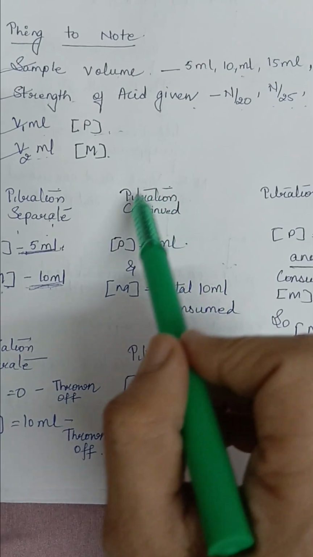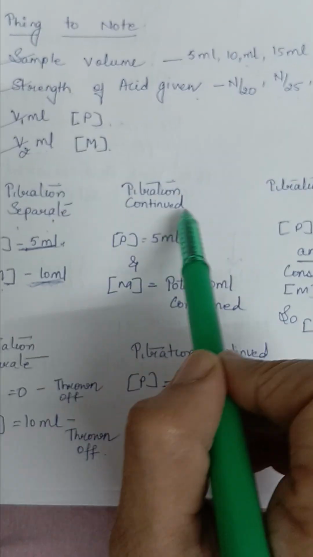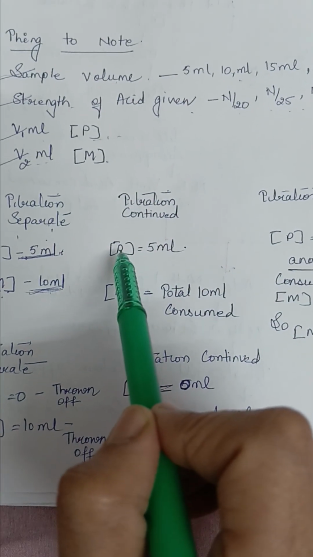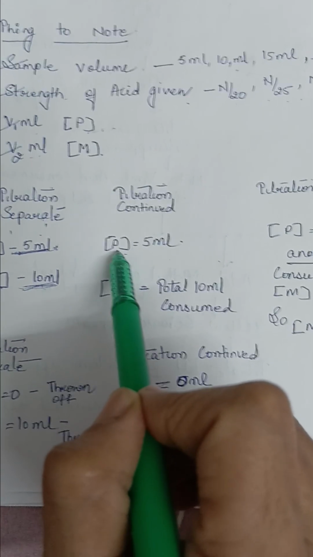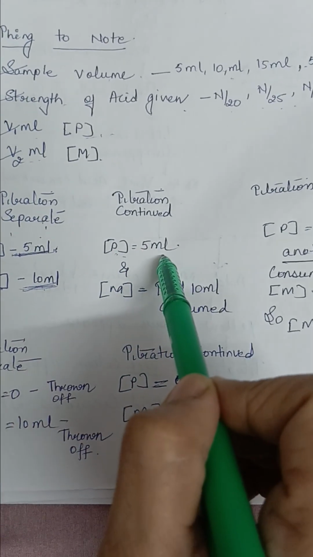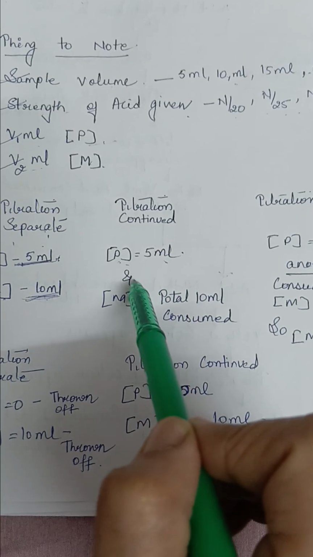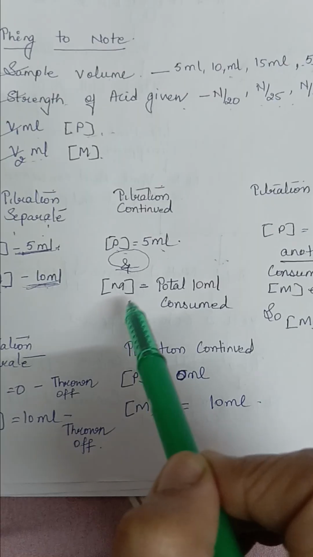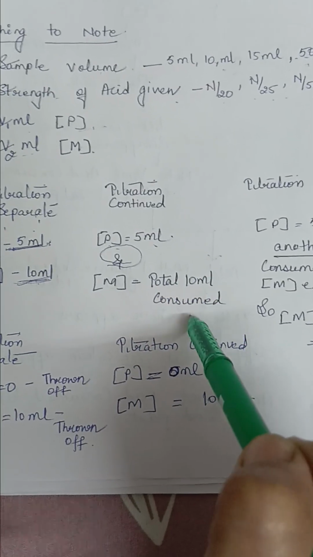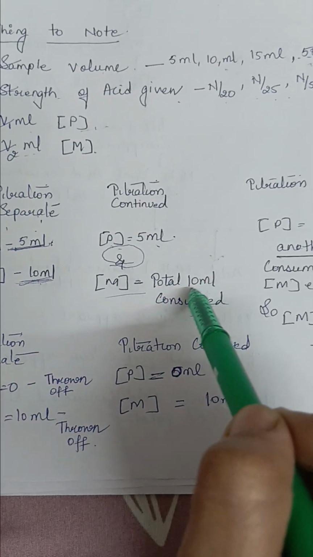The second condition is that the titration is continued. It means the water sample is taken and phenolphthalein indicator added. The total acid consumption is 5 ml. The language will then state that the total volume consumed till the methyl orange endpoint is 10 ml.